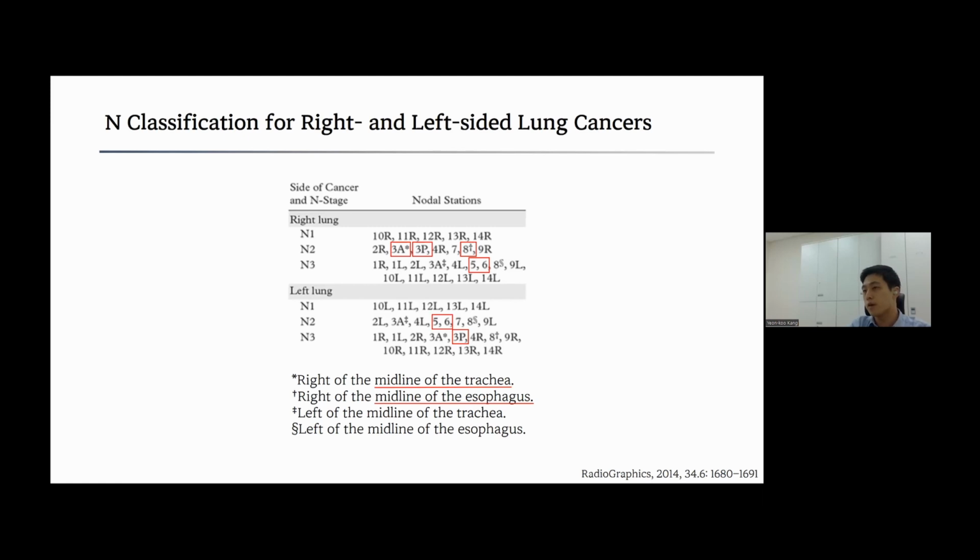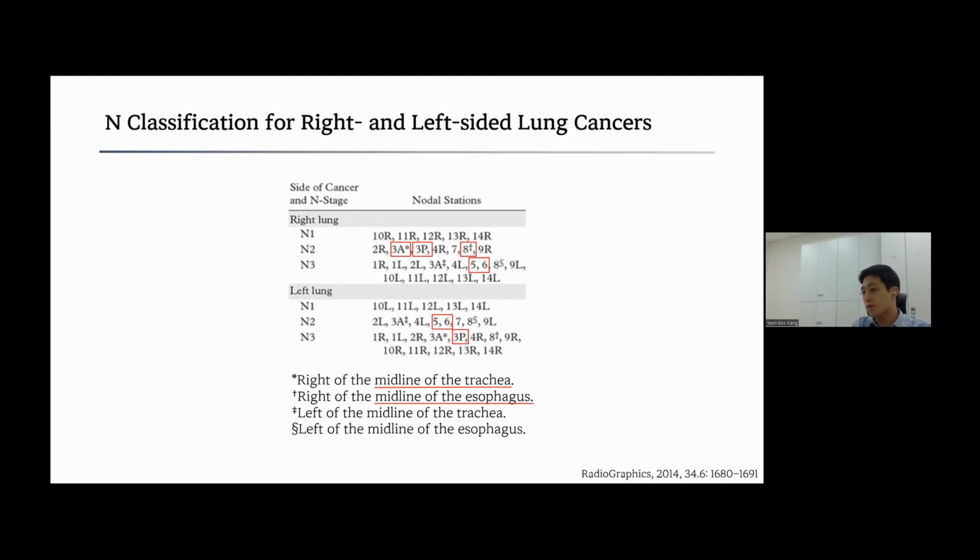Now we can define the location of lymph nodes by the IASLC classification, but there are some ambiguities regarding the laterality of nodes. The boundary between right and left paratracheal nodes is defined well in the IASLC map, but with regard to the sidedness of other mediastinal lymph nodes, such as 3A, 3P, and station 8, the IASLC lymph node map does not provide a boundary to distinguish between right and left side lymph nodes.